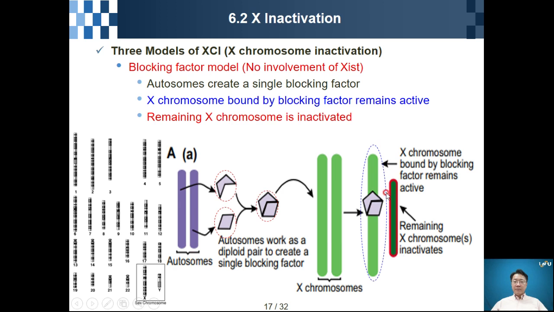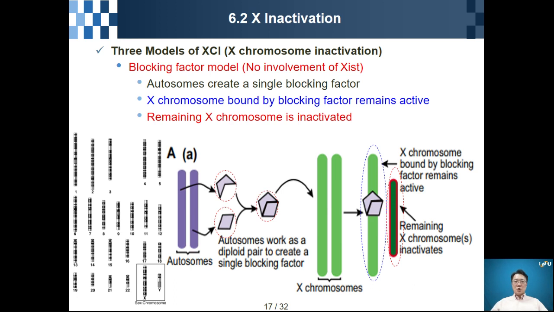However, the remaining unbound X chromosome is inactivated. So this is recorded as the blocking factor model. There is no involvement of cis non-coding RNA.